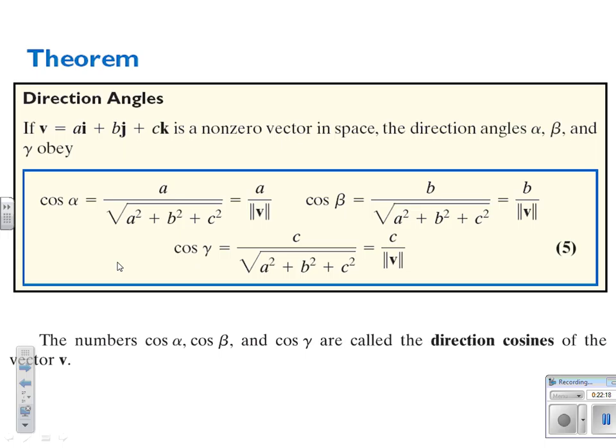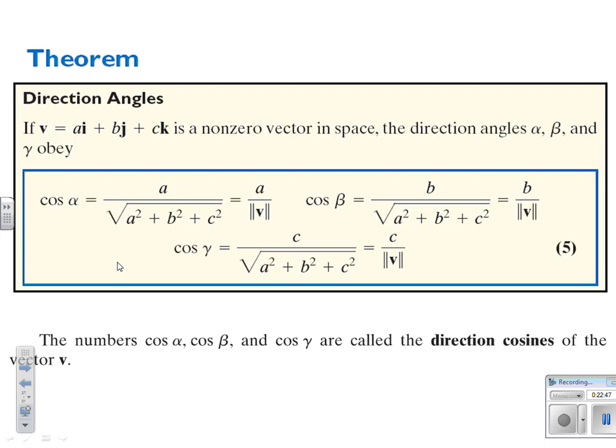So to find those angles, we are going to use these formulas. The cosine of alpha is our a coefficient, the coefficient of I, divided by the magnitude of our vector. Cosine of beta is the coefficient for our J component, divided by the magnitude.